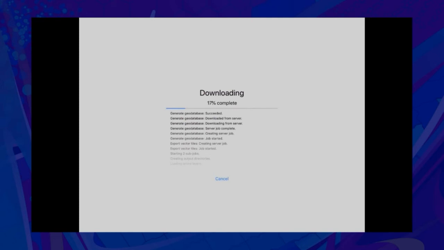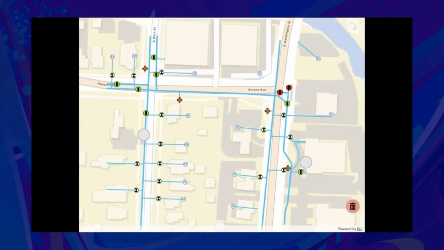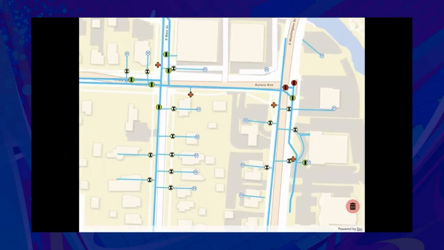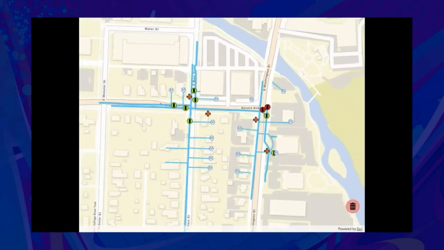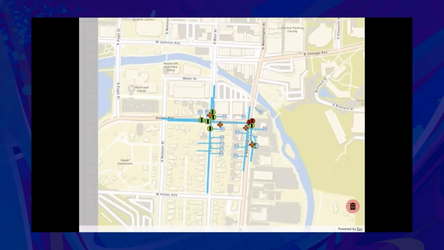We're just, again, waiting for those vector tiles to be generated. Okay, so now you can see that's the extent of the features that we were interested in. You can see some of them extend way beyond that. Only this time we've managed to get a base map that's larger and can cover the area.